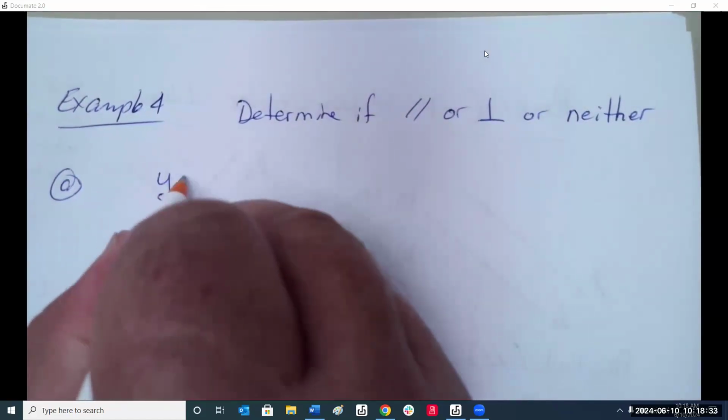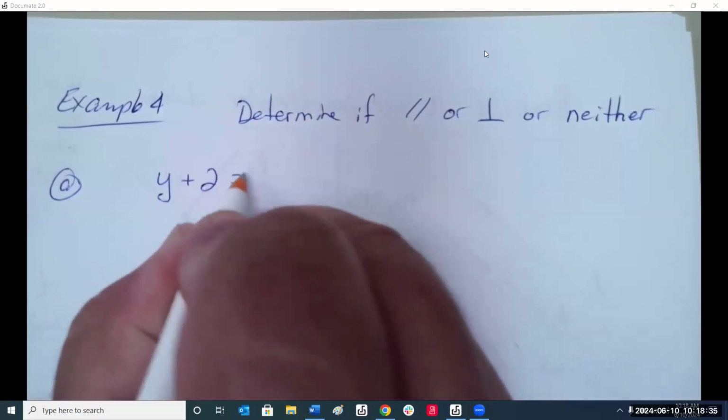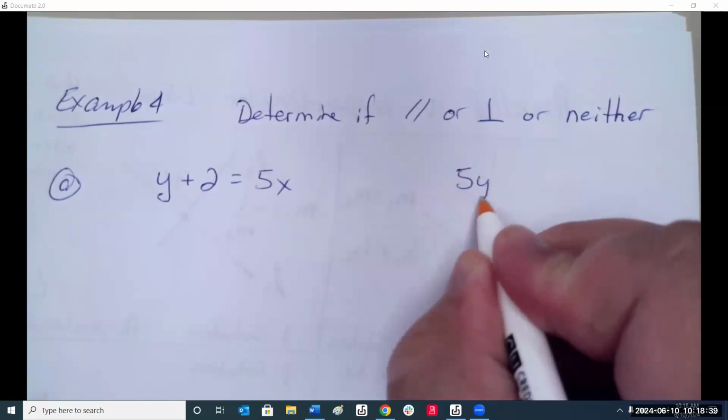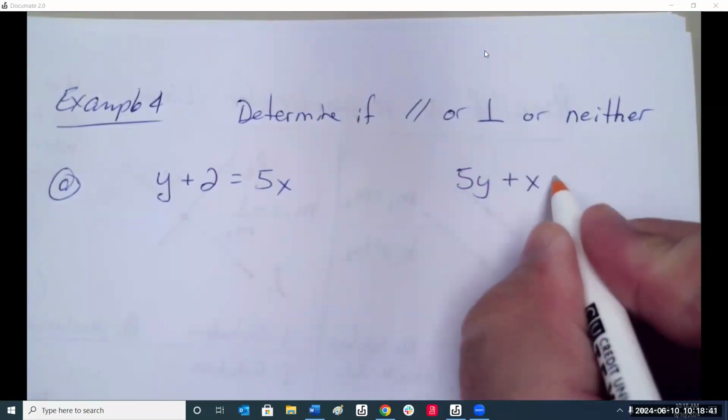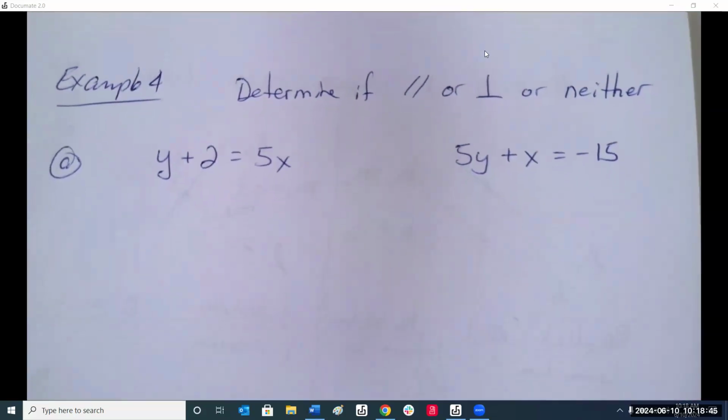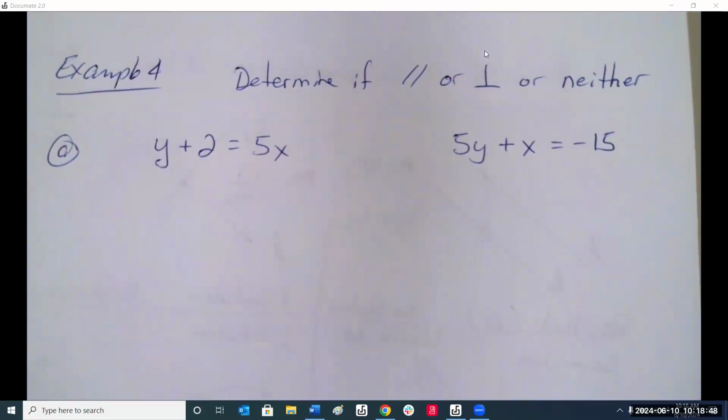We have two lines, y plus 2 equals 5x and 5y plus x equals -15. Are they parallel, perpendicular, or neither?